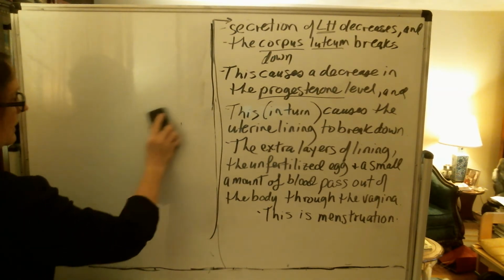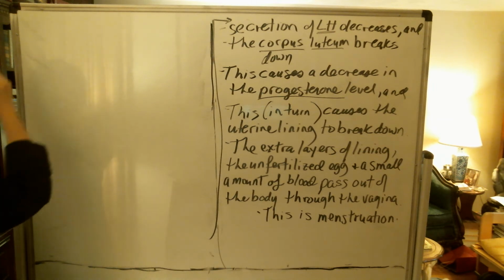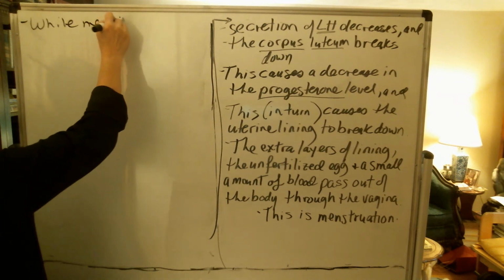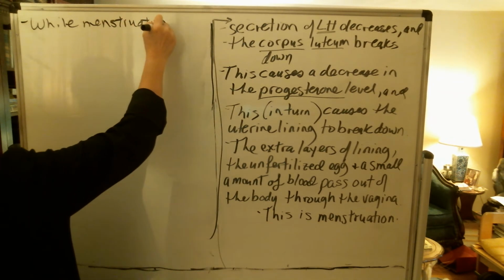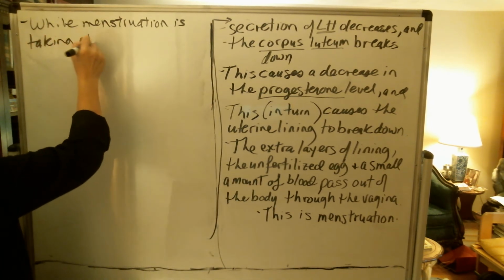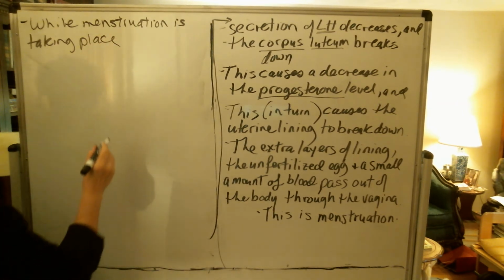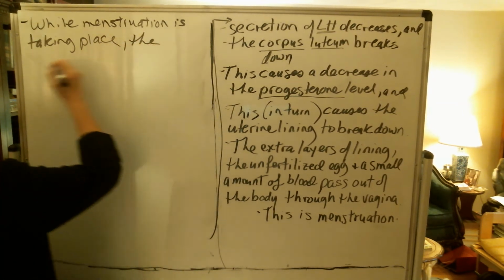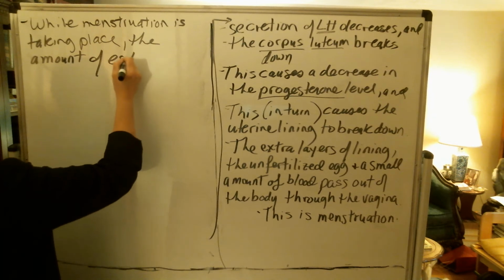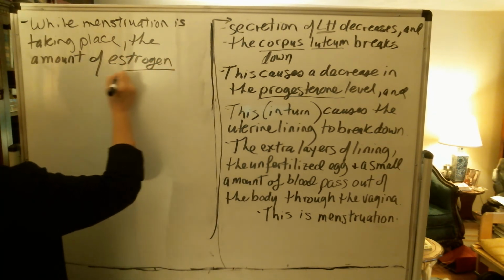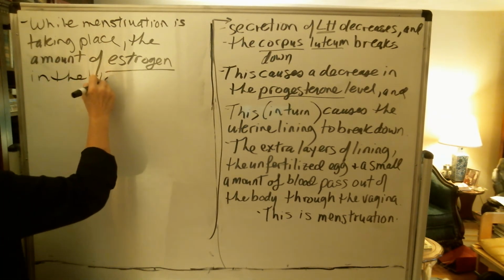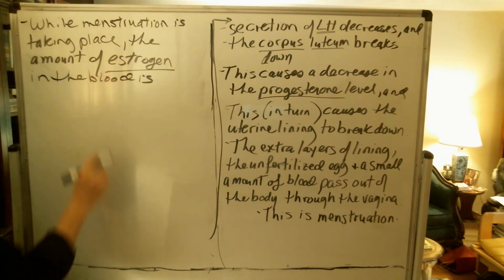But of course, the cycle does not stop. So while menstruation is taking place, the amount of estrogen in the blood is dropping.